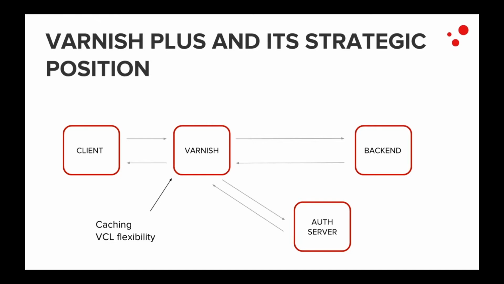VCL is a powerful tool when it comes to authentication and authorization, because it gives you the freedom to define how you want to authenticate or authorize each client. There is some VCL to be written, but at the end of the presentation, I'm actually going to introduce something new, and I'm sure you're going to be happy to hear about that.